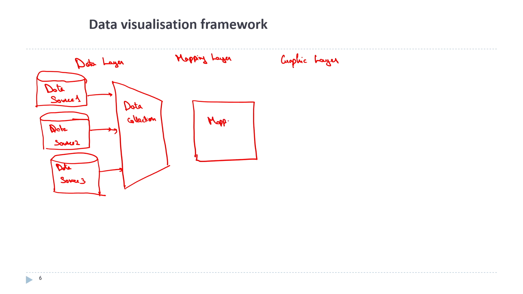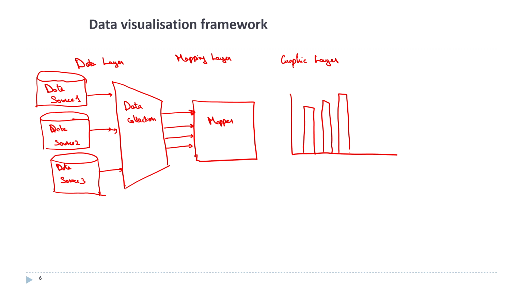We have a mapper, and different data points come here. From here itself we now go to the graphics. Let me say I am putting a histogram here, and from the mapper different kinds of data points are taken. From the mapper itself different data layers could be taken.